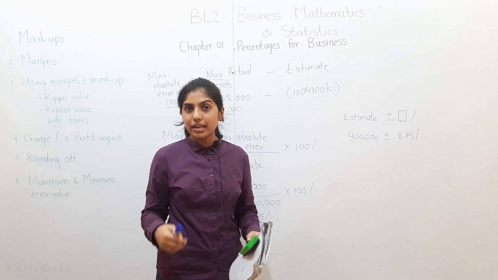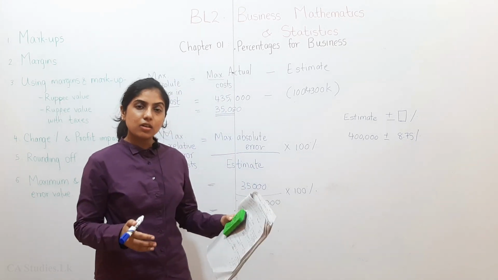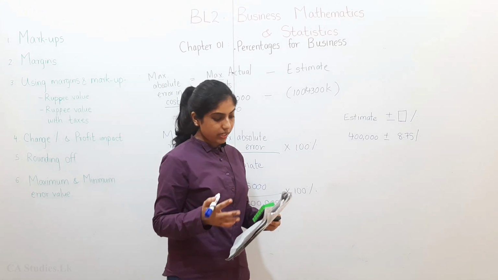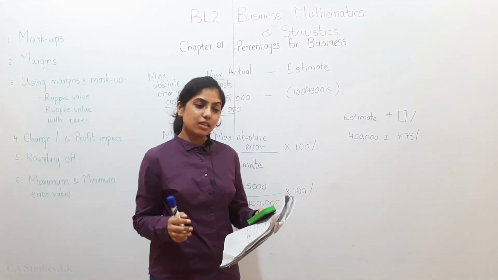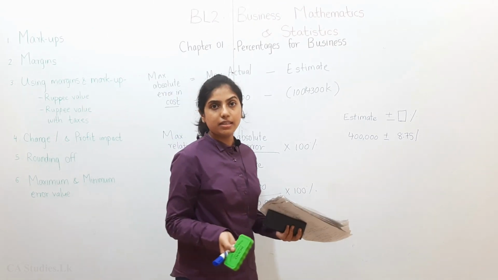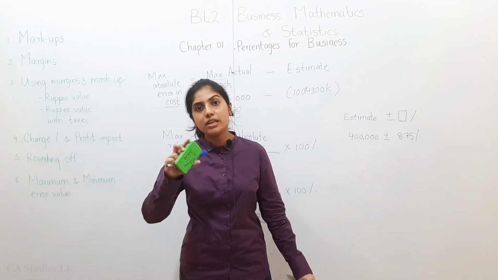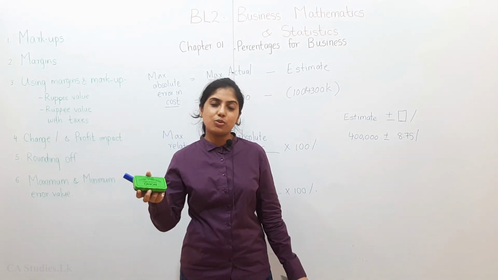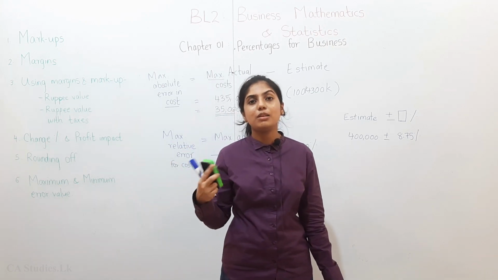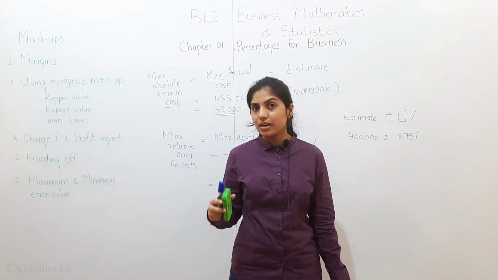So maximum actual, we got it by adding or multiplying the maximum values. Now in getting maximums, when it comes to dividing, your maximum numerator must be higher than the denominator. So basically you should have a maximum numerator and a minimum denominator.